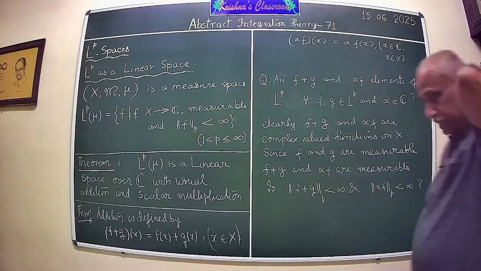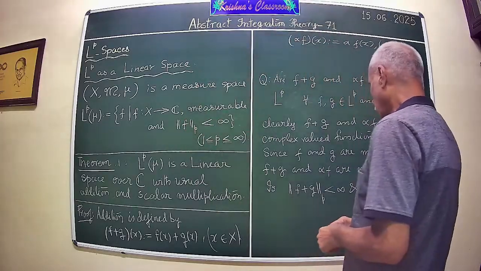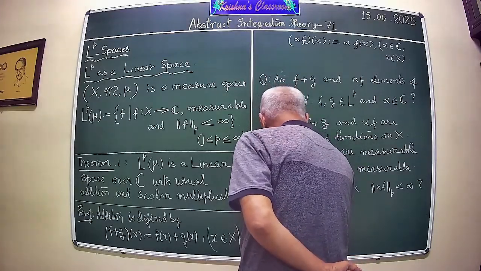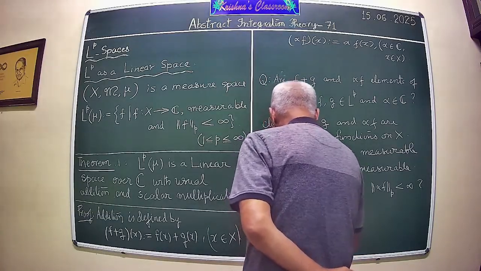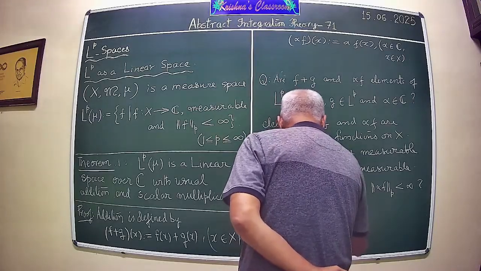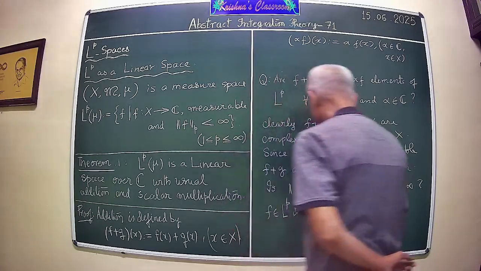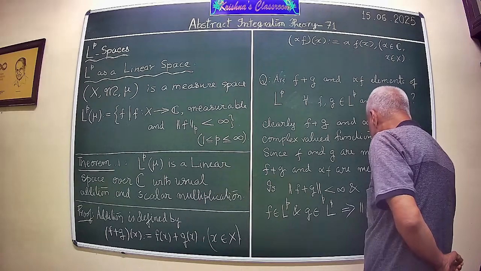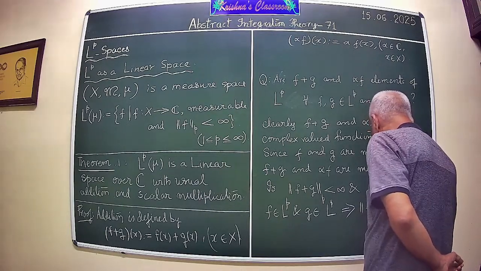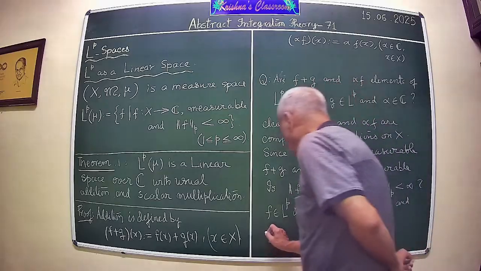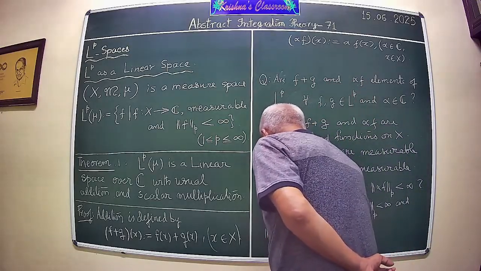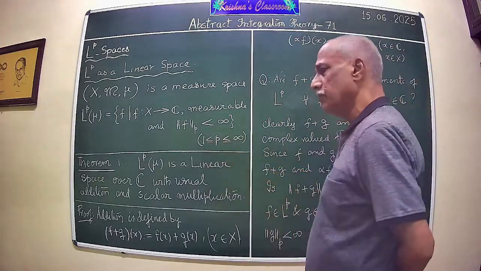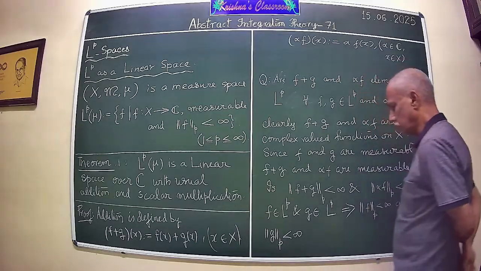Now we shall just verify this. You know that f belongs to LP and g belongs to LP implies the norm of f is finite and the norm of g is finite, for all p lying between 1 and infinity. So that is the assumption.